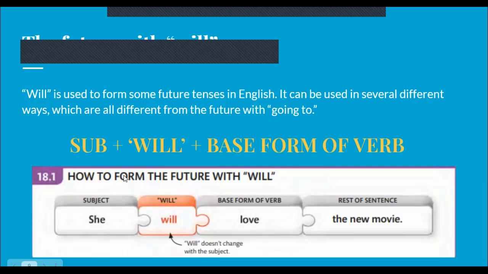Right, so will is used in simple ways. Subject plus will plus base form plus rest of the sentence.